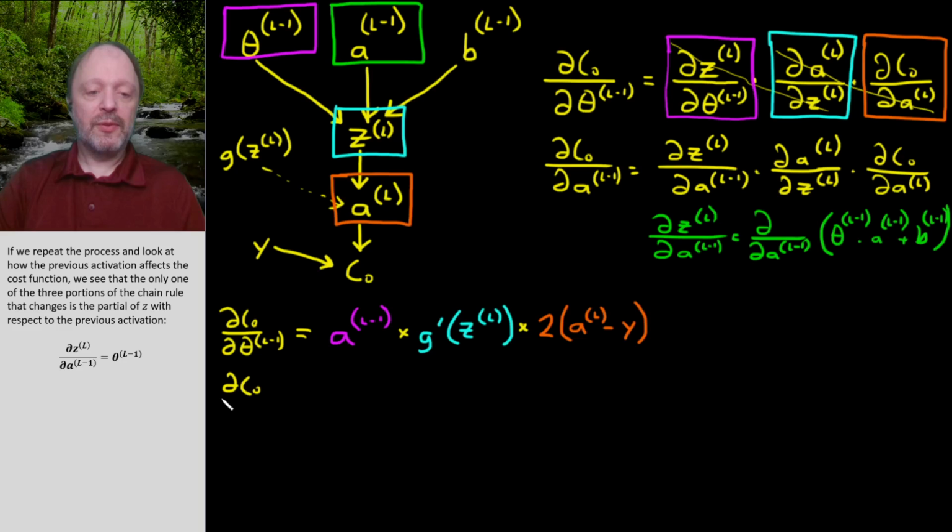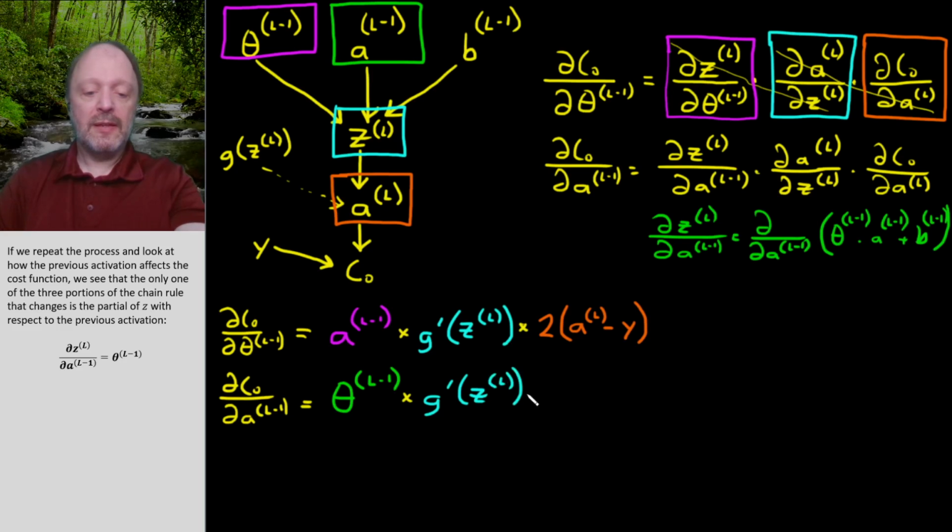Partial of the cost function with respect to previous activation is going to equal, we're going to have the previous weight times these two pieces right here, the exact same ones, G prime Z, and then 2 (AL minus Y).